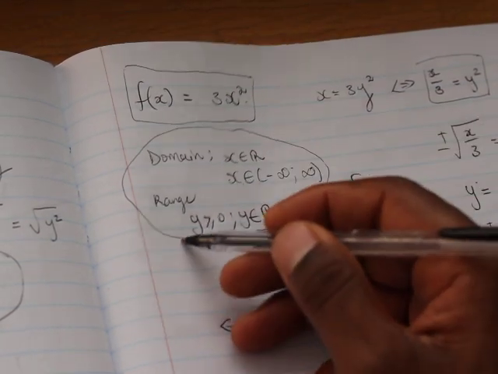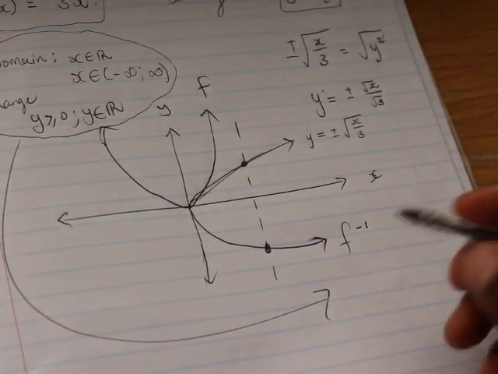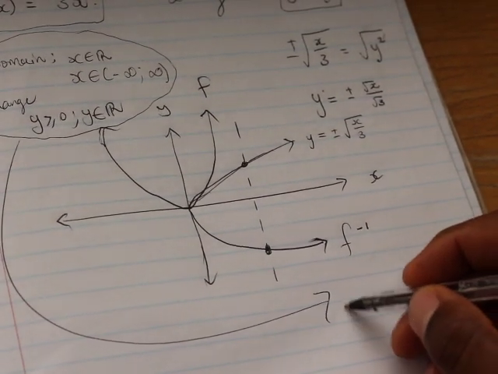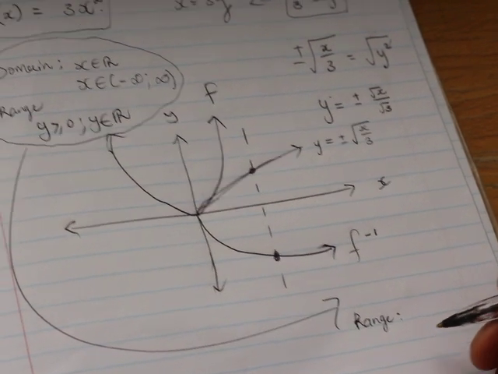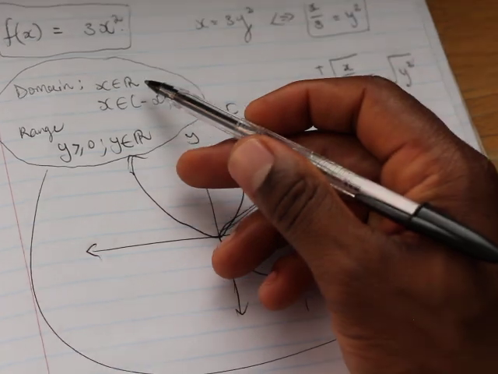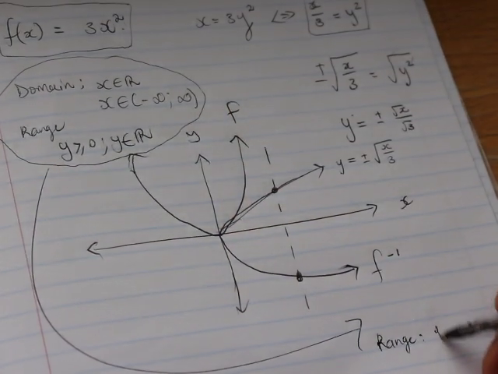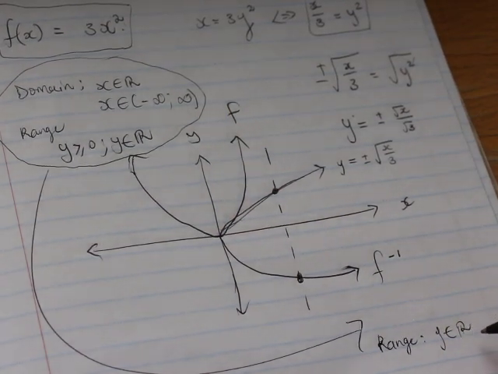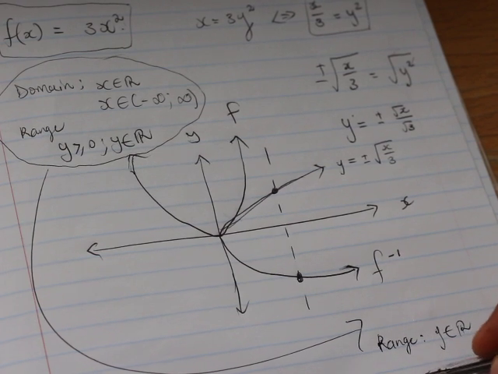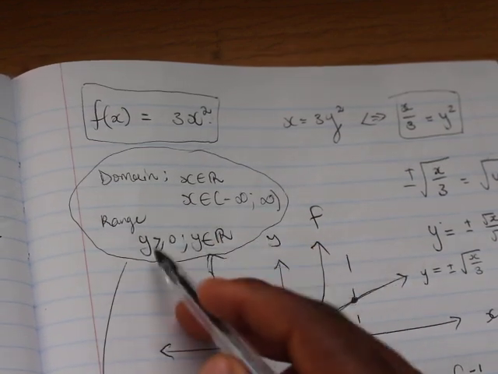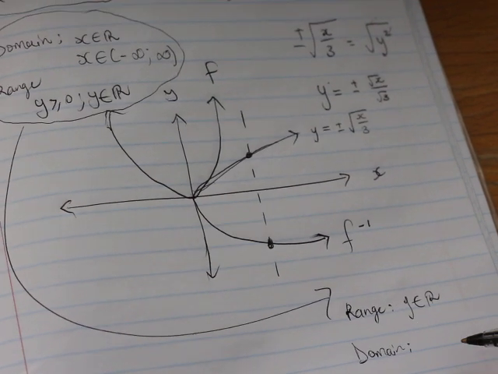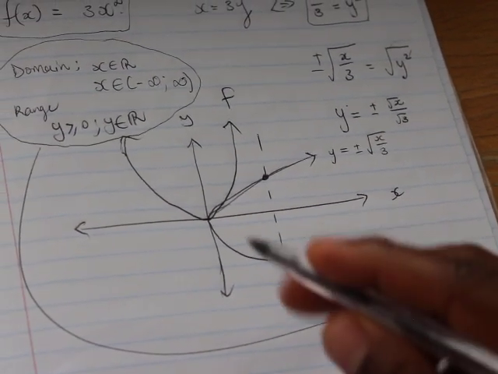When you're dealing with the inverse, we're simply going to copy the domain into the range. The domain says x element of real numbers, so the range is y element of real numbers. Then for the domain, we copy the range of the main function, which says y is greater or equal to 0.